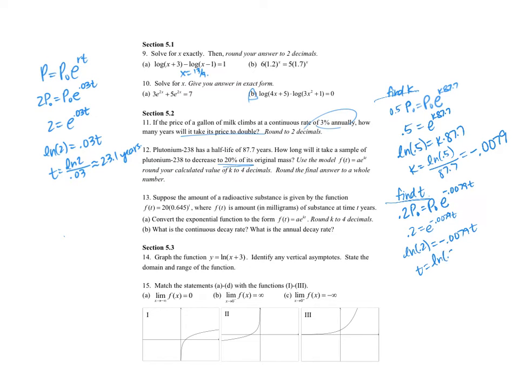Natural log of 0.2 divided by negative 0.0079. So I can get a decimal approximation for that, and I get 203.72 years. And I expected that. If we round to a whole number, maybe 204 years.